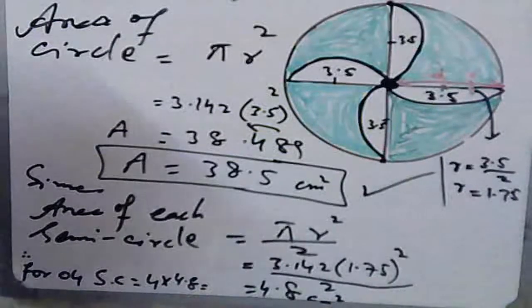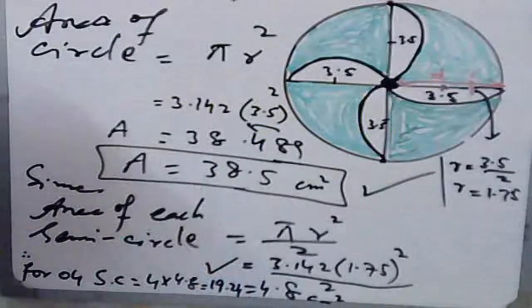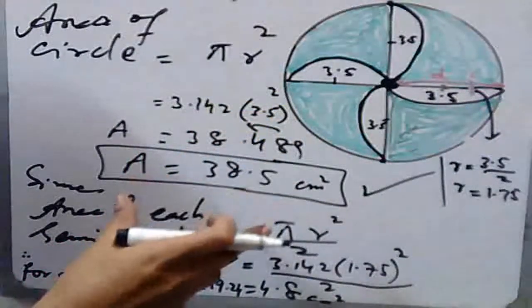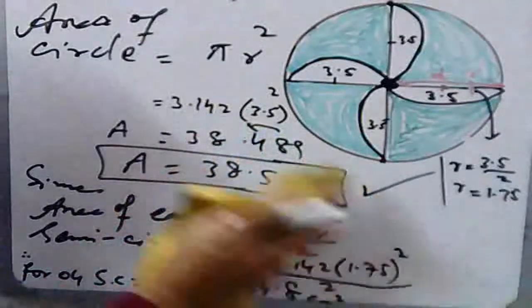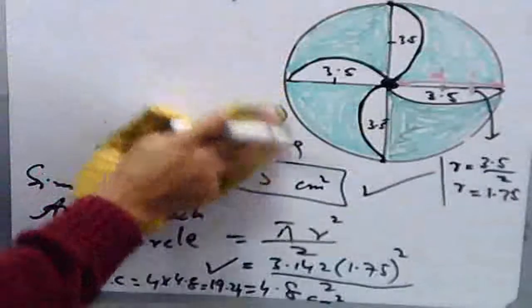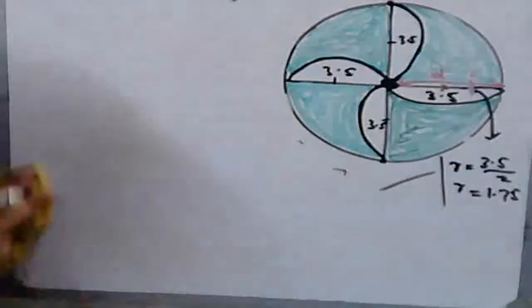The result is 19.24. So that is your area of 4 semicircles. Just you have to subtract it, you will get the area of shaded portion. So the area of shaded portion will be, just you have to subtract both the areas, just you have calculated.